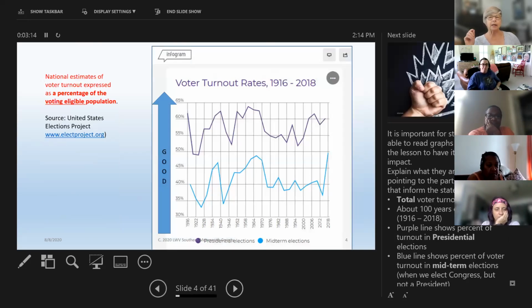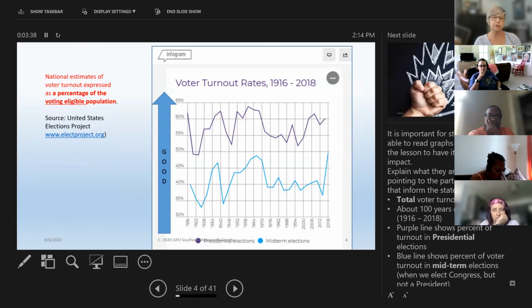Okay, this is the teacher side of me talking. There are a lot of graphs in this presentation. And so in the beginning, I make an effort to make sure that kids know how to read a graph and to read it correctly and not make assumptions from the visual part that are inaccurate. So in this case, across the bottom, you'll see that the years are 6 years apart.